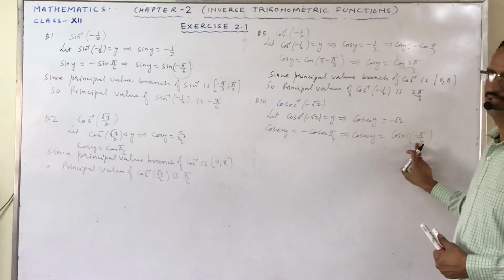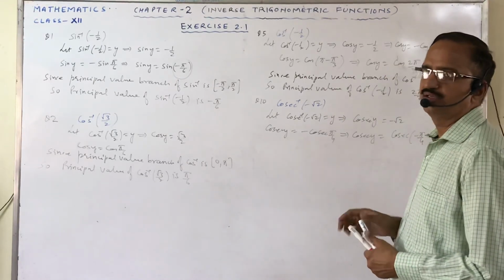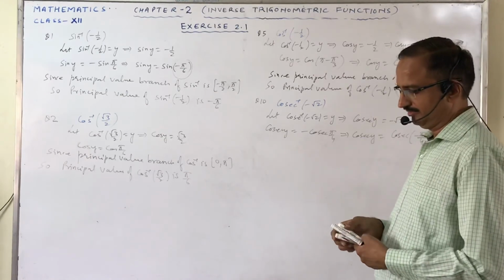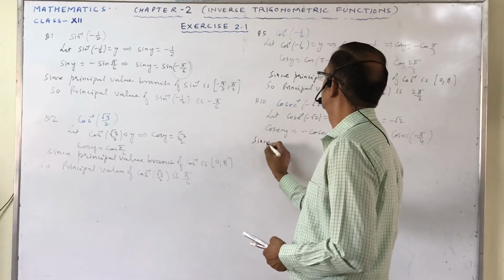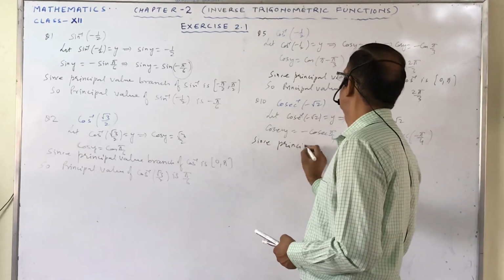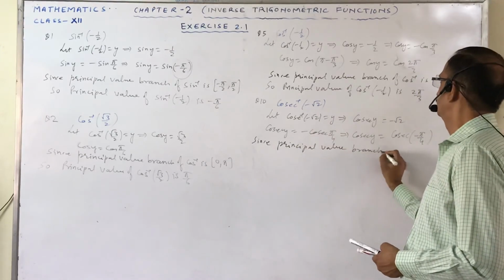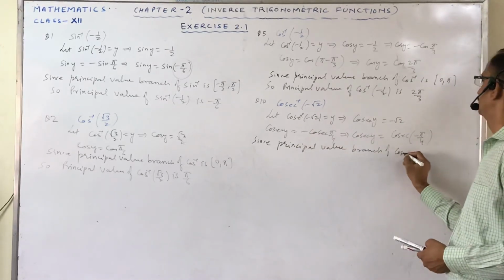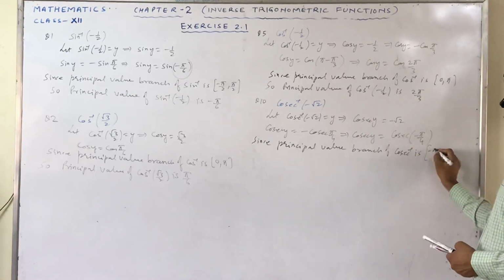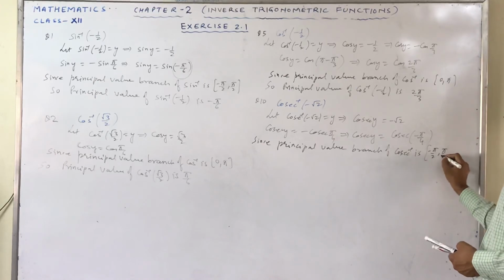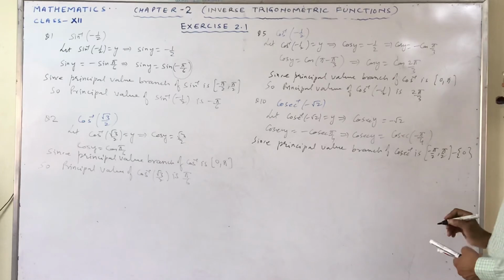Now this lies in the principal value branch of what? Cosec inverse. So we will write, since the principal value branch of cosec inverse is minus pi by 2 to pi by 2, and 0 is not included.